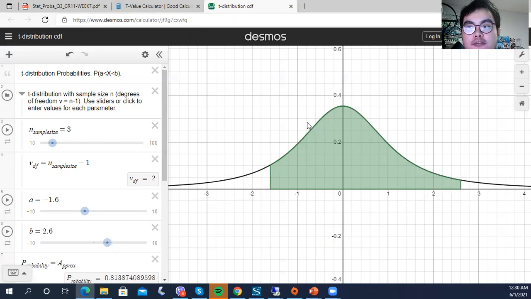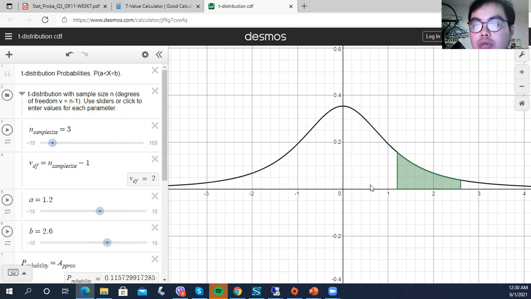If both regions are shaded, then the two areas will be added. If it's shaded at one side only, then expect that the area will be small. Hindi lang siya pang t-distribution, but it can help us to know the area of the normal curve.